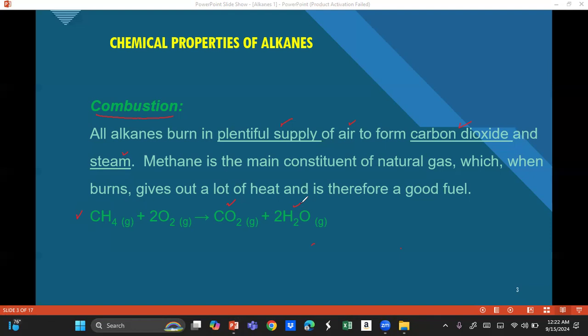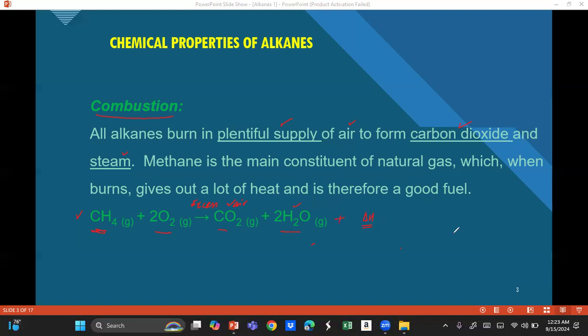These are the products of complete combustion. Complete combustion needs excess air. Hope you understand. So, for example, this is methane, the first member of alkanes. When it burns in oxygen in the air, it produces CO2 and H2O. Along with this, heat energy is given off.